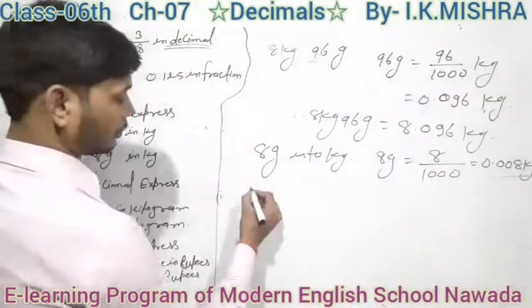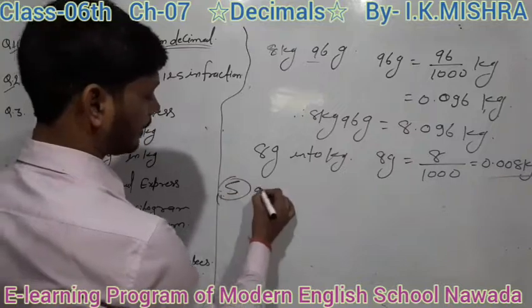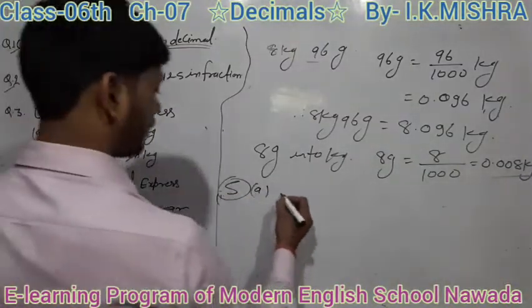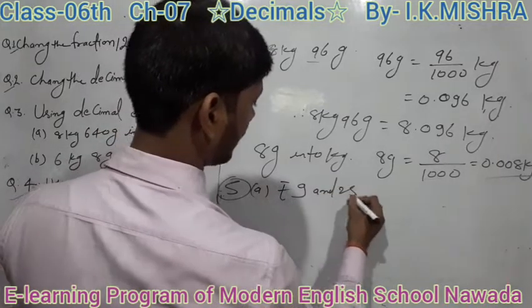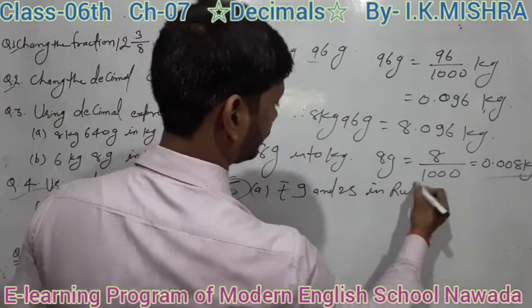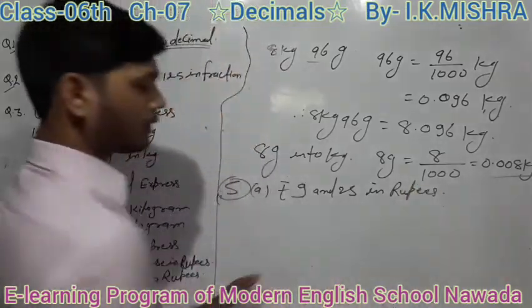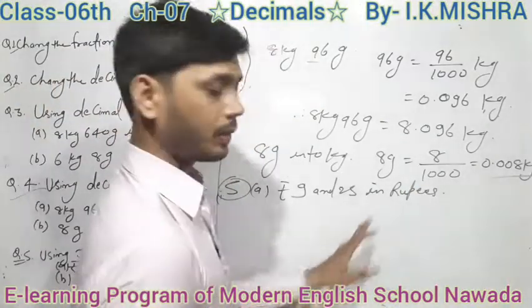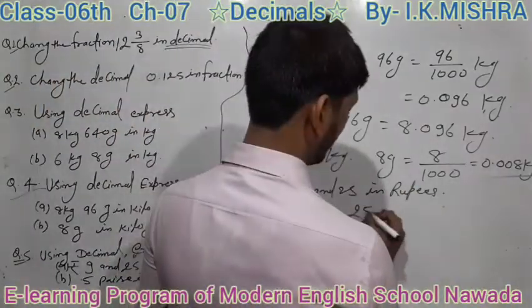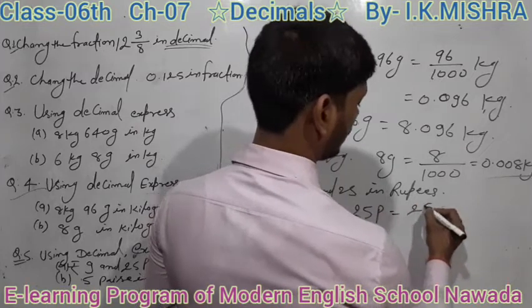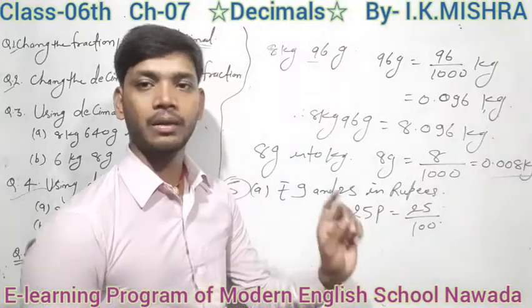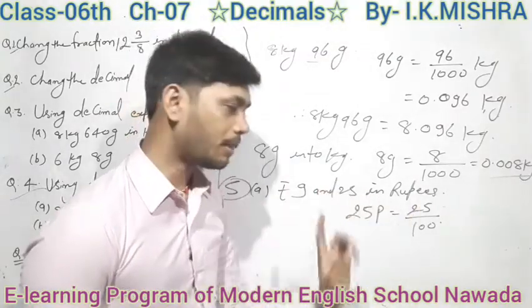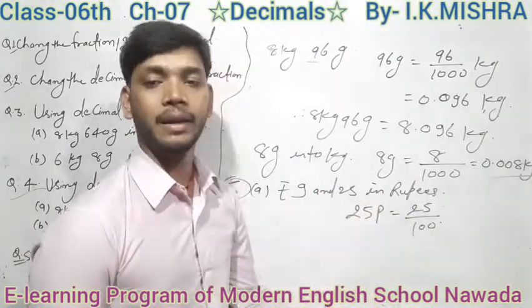Question number 5a, rupees 9 and 25 paisa in rupees. Students, first of all, change 25 paisa into rupees. That means 25 paisa is equal to 25 by 100, because you know 1 rupee is equal to 100 paisa, and 1 paisa is equal to 1 by 100 rupees.